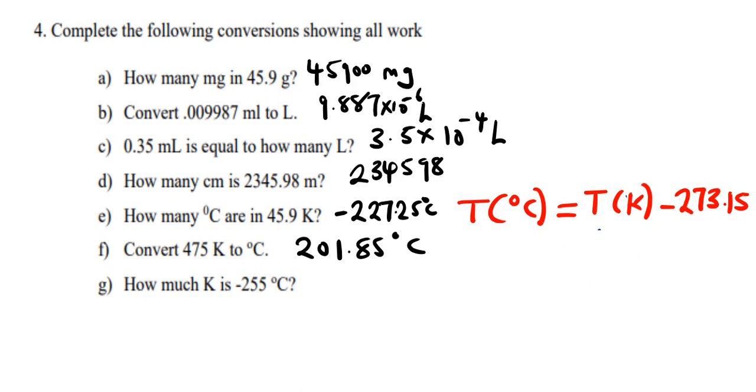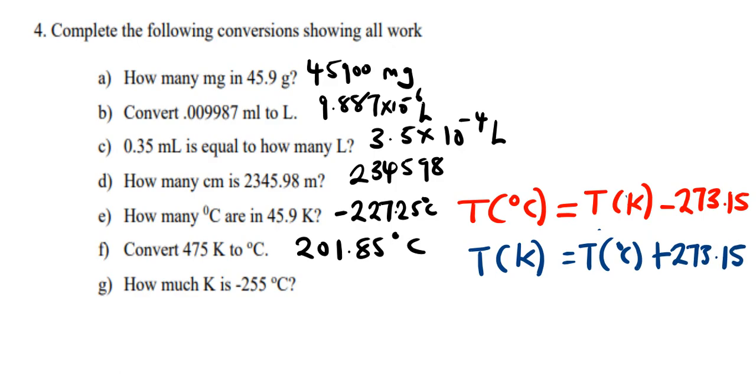Now let's solve the last question. We're saying how much Kelvin is in negative 255 degrees Celsius. This one will be a bit different. When you're converting to Kelvin, your temperature in Kelvin will be equal to the temperature that you have in degrees Celsius plus 273.15. This is a conversion factor.